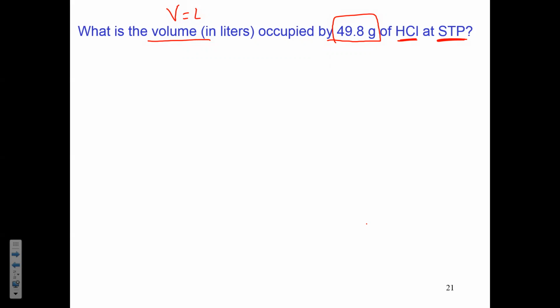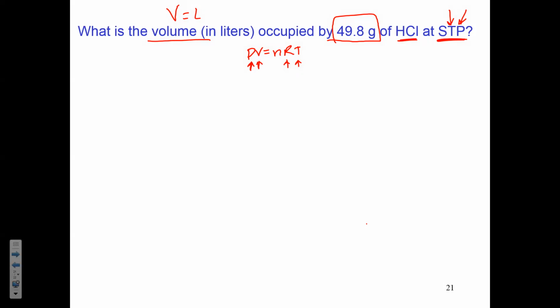So how are we going to work this? Well, the catch is that I didn't give you moles. We have our temperature, we have our pressure, and we need to find volume. Looking at PV equals nRT, I have R, the constant, I have temperature, I have pressure, and I don't have volume, but I'm looking for it.